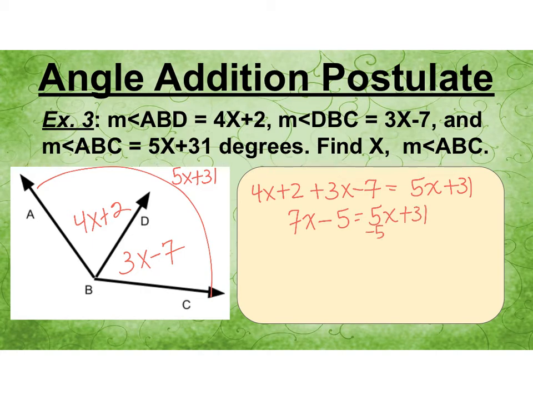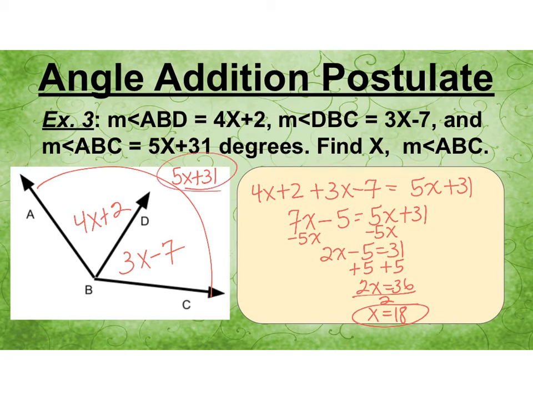I'm going to subtract 5X from both sides. So I get 2X minus 5 equals 31. I'm going to add 5 to both sides. 2X equals 36. Divide by 2, and we get X to be 18. So my variable measures 18, and I'm going to plug it back into 5X plus 31 to find the big angle.